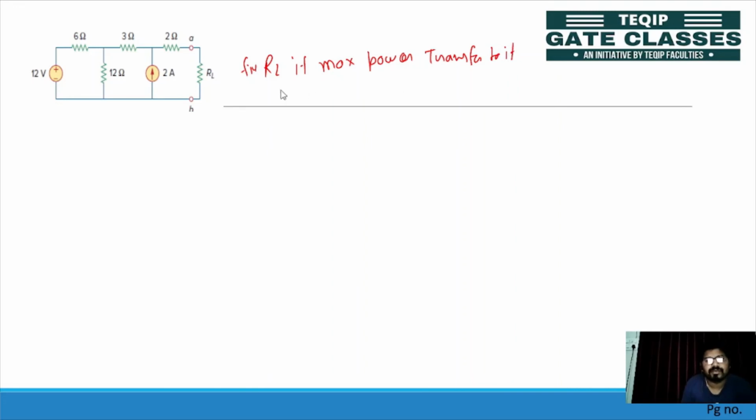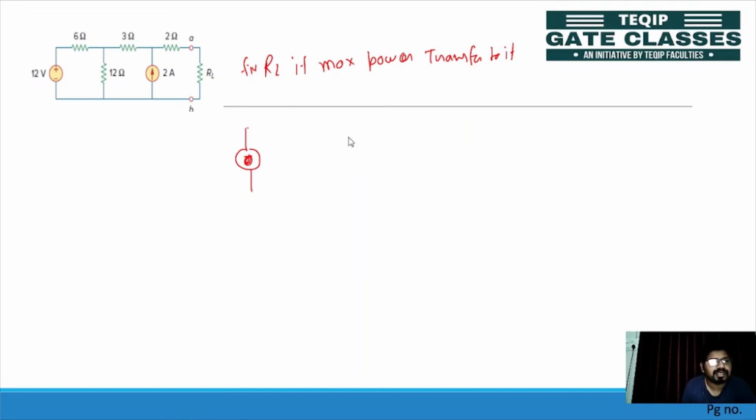So you have to just find RTH at that terminal, and your RL will be equal to RTH only if the maximum power is transferring to RL.